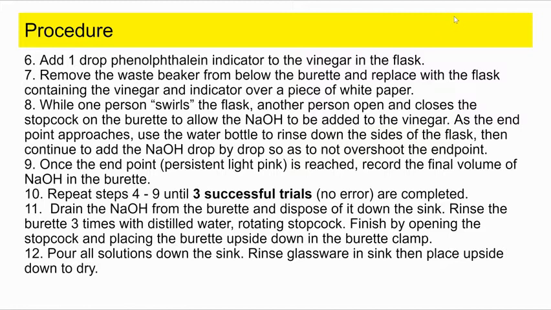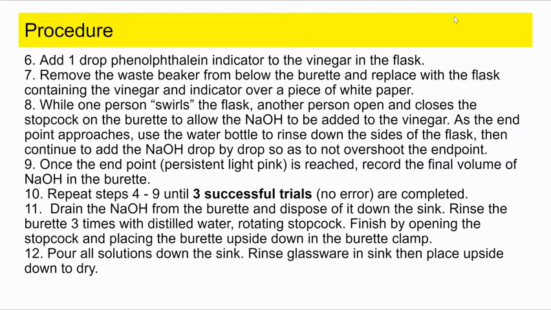We'll remove the waste beaker from below the burette and replace it with the flask containing the vinegar and indicator, making sure to put a piece of white paper underneath so that we can see when the solution becomes that nice light pink. One person in your group can swirl the flask while another can open and close the stopcock on the burette, to allow the sodium hydroxide to be added to the vinegar.